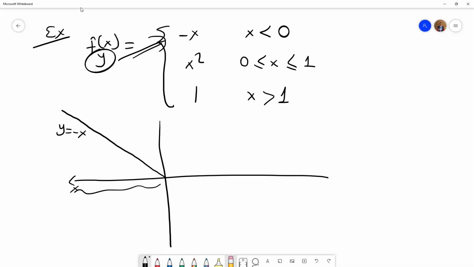And when x is between 0 and 1, and they are equal, it is x squared, a part of the parabola, and after 1, it says not equal to 1, so it is constant, and it is y is equal to 1.